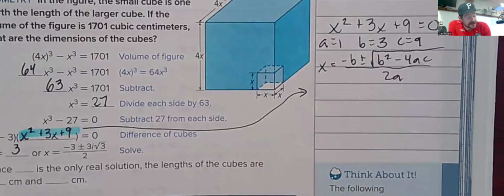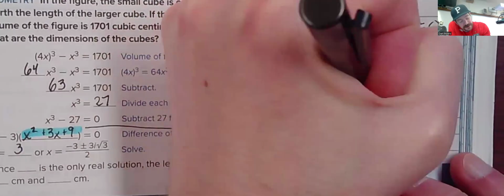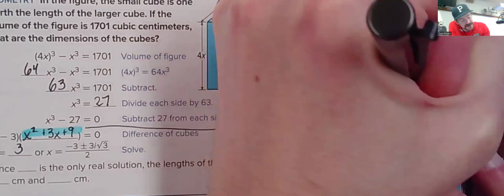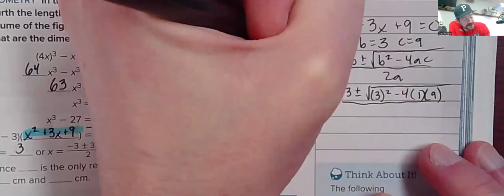All right. So we're going to get X is equal to the opposite of B, so negative 3 plus or minus the square root of 3 squared minus 4 times A is 1 times C, which is 9, all divided by 2 times A would be 2 times 1, so 2.